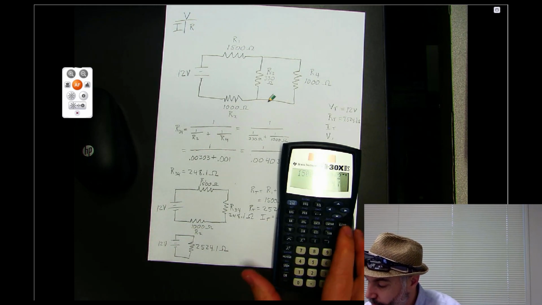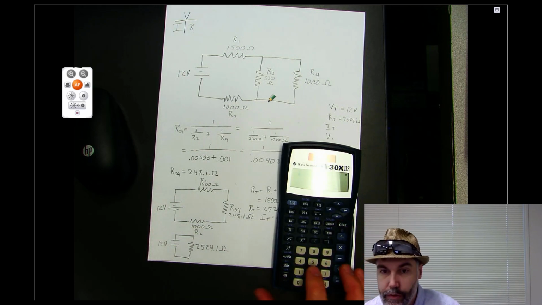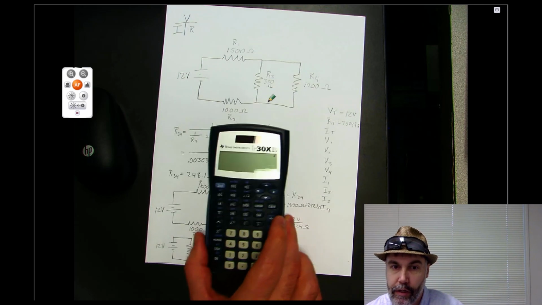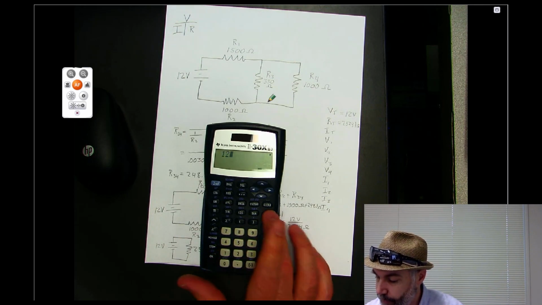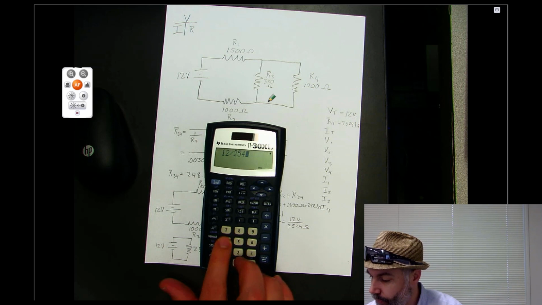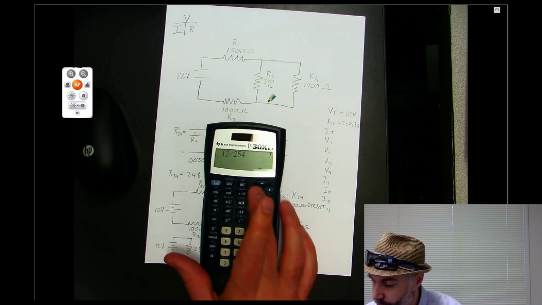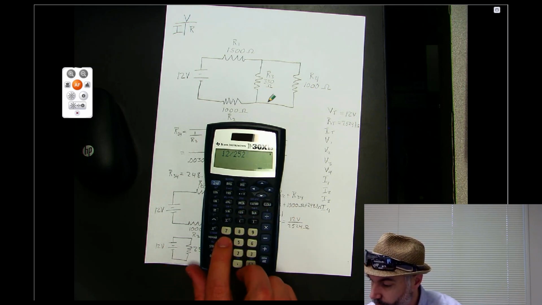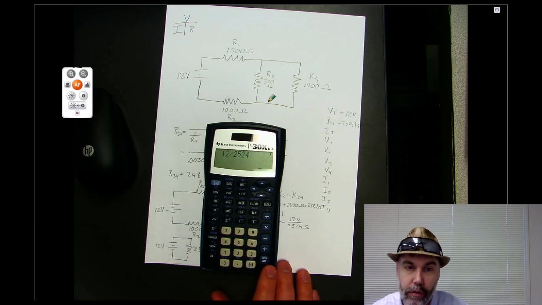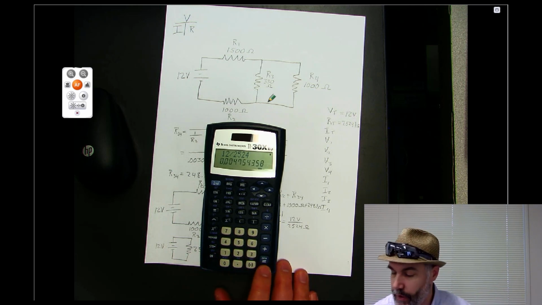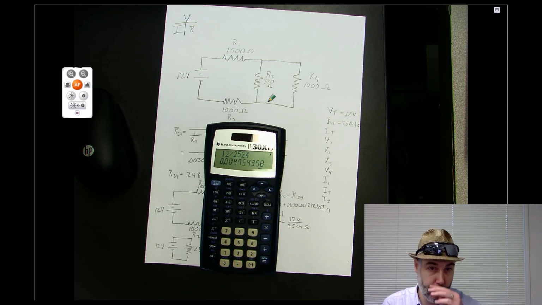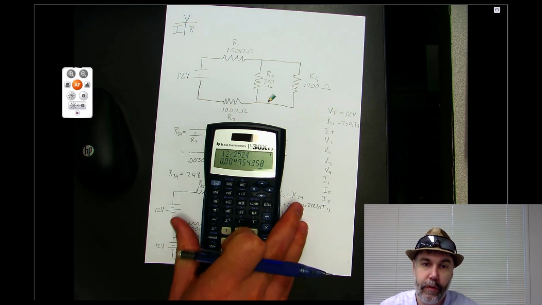So we can do that on the calculator. We can say 12 divided by 2,524. And that gives me 0.00475.